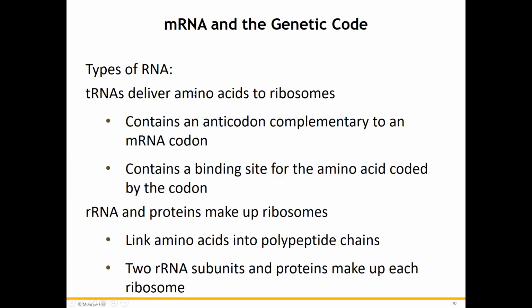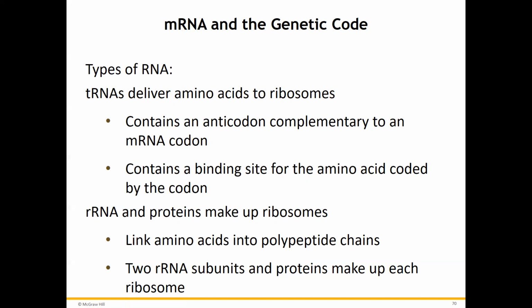So transfer RNA is a very important molecule. Transfer RNA delivers the amino acids to the ribosomes. They're the ones that are going to complement the messenger RNA. So these guys are cousins. Transfer RNA knows messenger RNA, and messenger RNA has the codon. Transfer RNA has what's called the anticodon. The anticodon is just like the puzzle piece that fits.